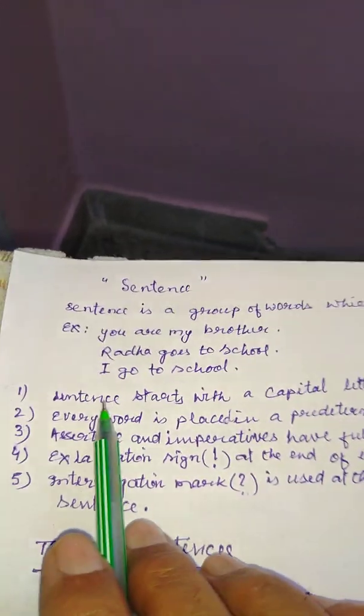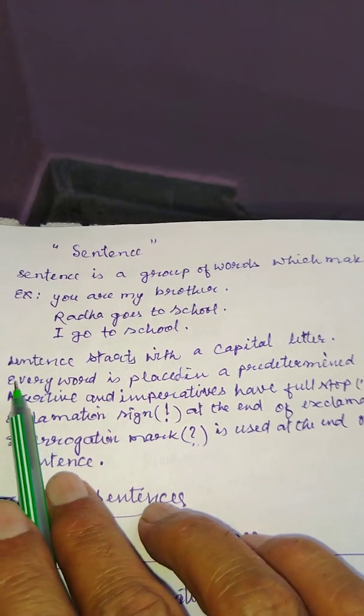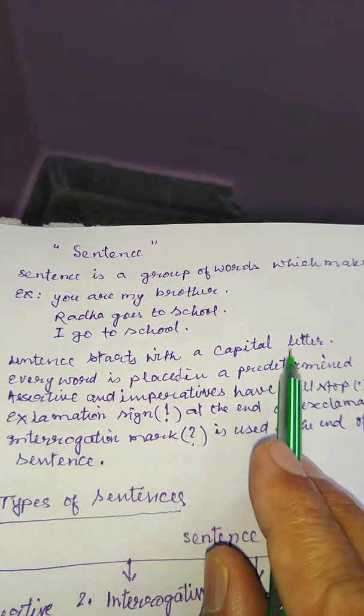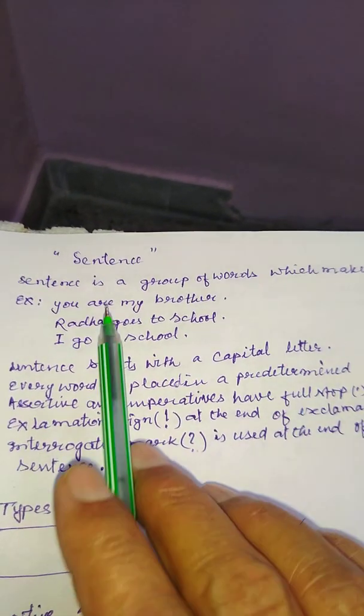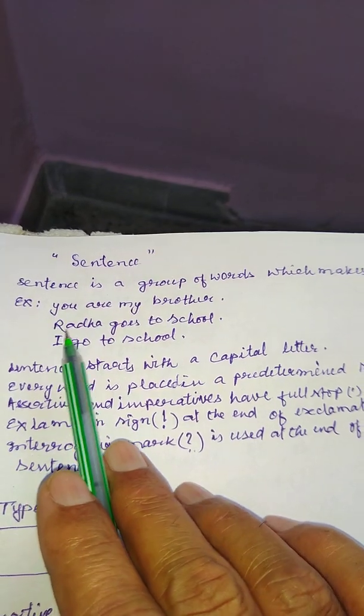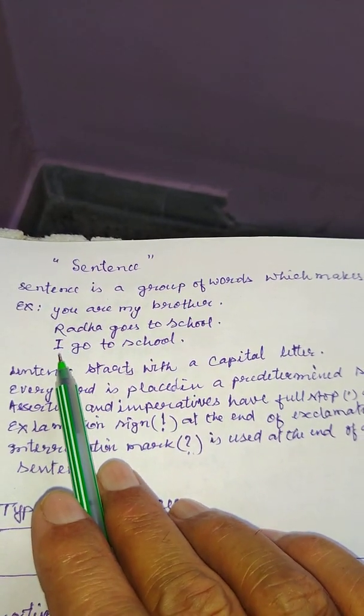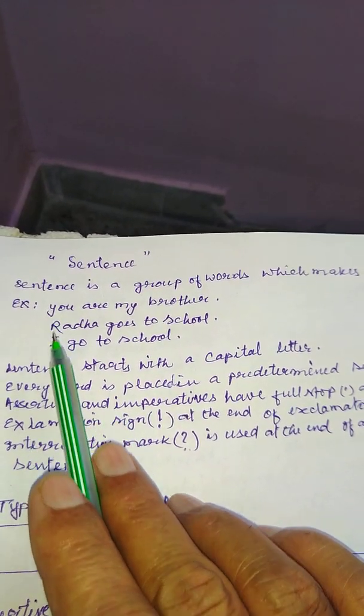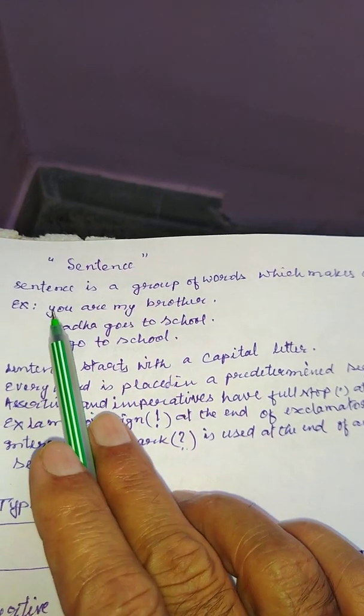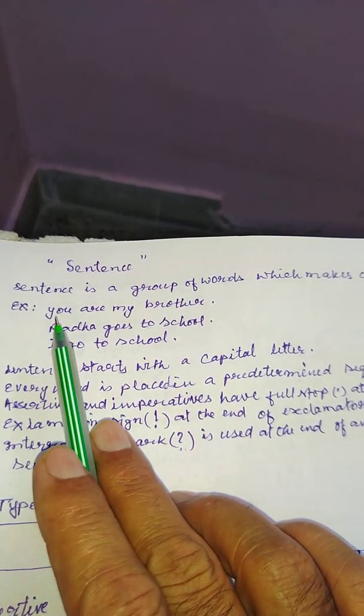Number 1, a sentence starts with a capital letter, like Y here, R here, and I here. These are the first letters of every sentence.